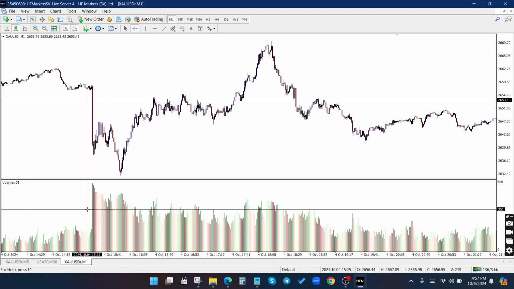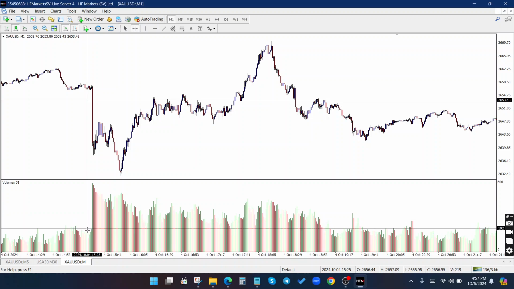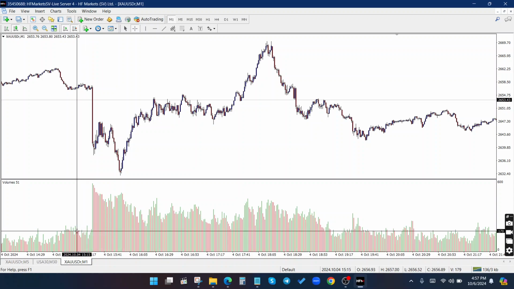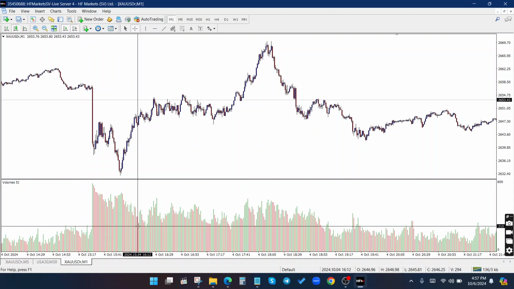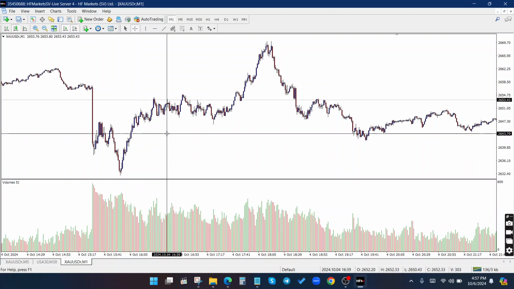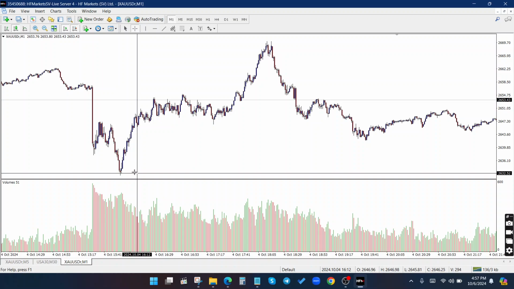Just hover it, you can see this one is 219. This is 179. This is 294. This is 321. So it indicates the number of currency units traded in a given period.